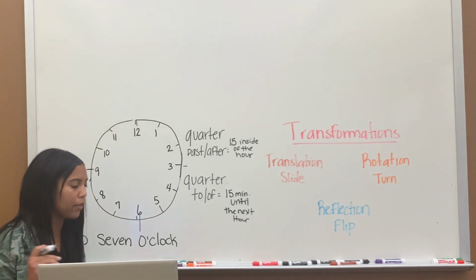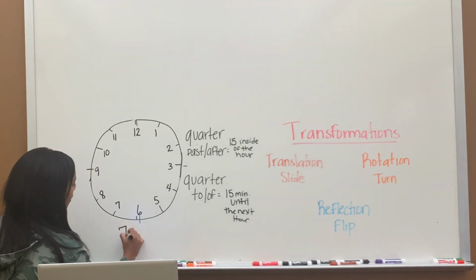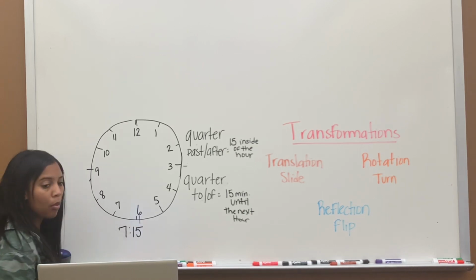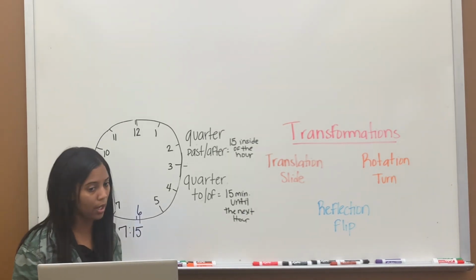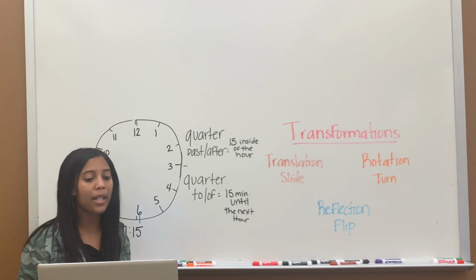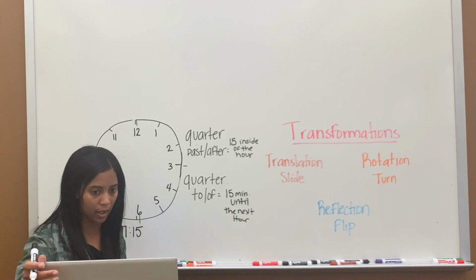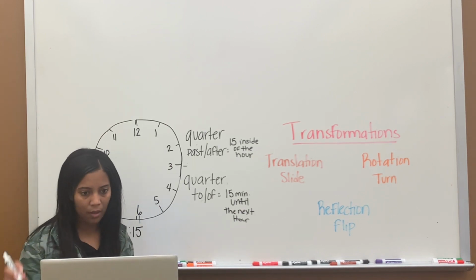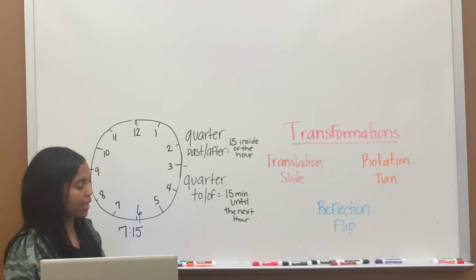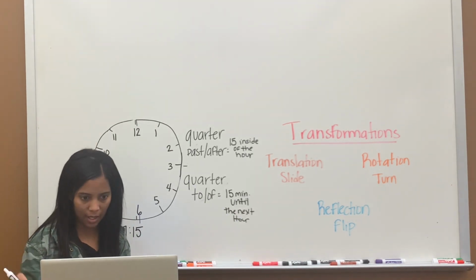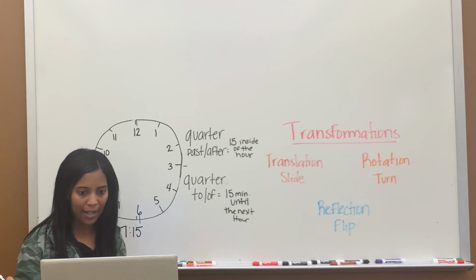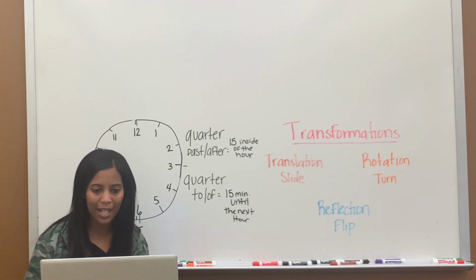But that is not what we write on the lines, because 7:15 means something. When we say 7:15, we're saying that it's a quarter past 7. Remember, quarter past means 15 minutes inside of the hour.